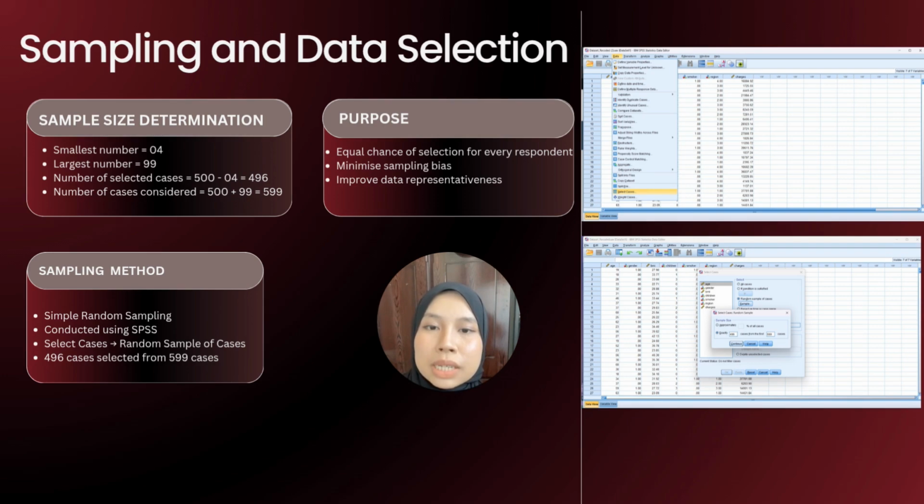To perform the sampling, we selected Data, then Select Cases, and chose Random sample of cases in SPSS. The software then randomly selected the required sample from the population. This method ensures that every observation has an equal chance of being selected and helps reduce sampling bias.